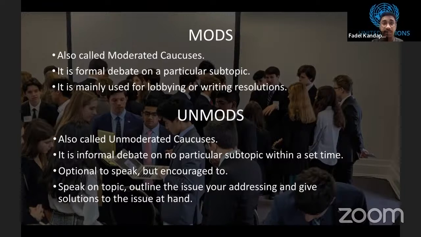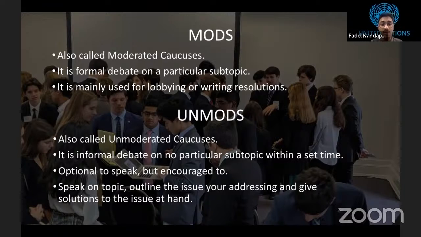Each speaker time 60 seconds, total speaking time 15 minutes, right? So that means you raise a motion to talk in a formal debate. After that, each country will come up, they can raise the placard and opt to speak. And you can give a 60-second speech here. Since we specified that, you can come up and say that, right?